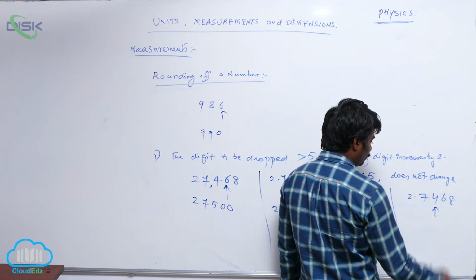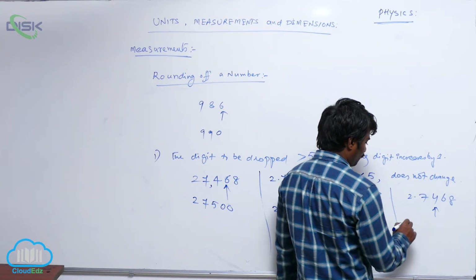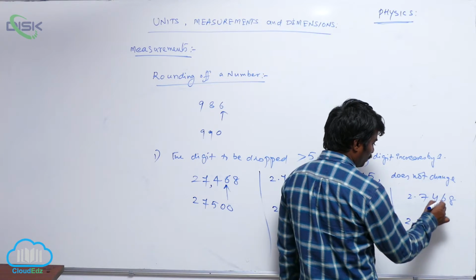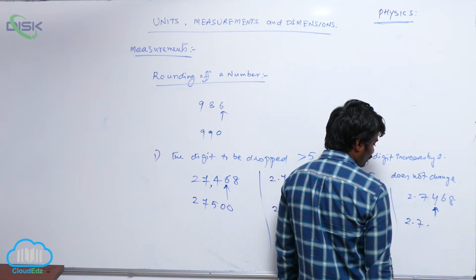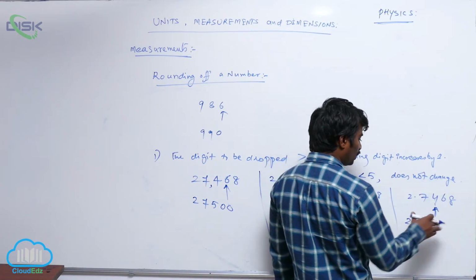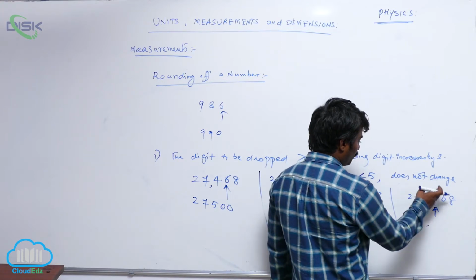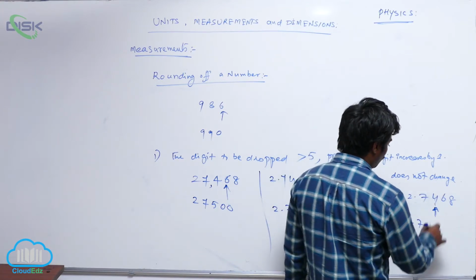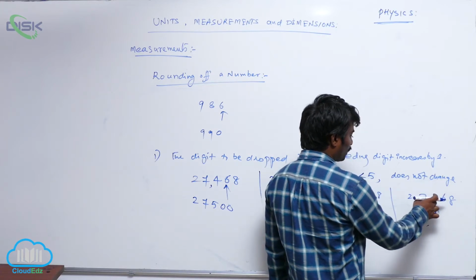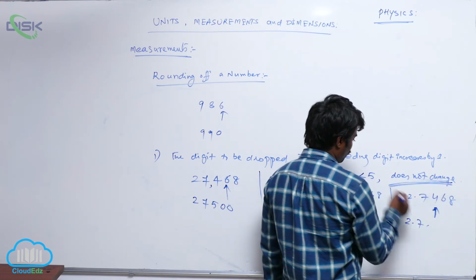Here again I want to drop 4. I want to round off this number to two significant figures, 2.7, and 468 I want to drop. You don't write zeros in the place of 468, because the number of significant figures won't be 2, it will be 5 again. So 2.7, this previous digit does not change. Why? Because the immediate digit to be dropped is 4, which is less than 5, so the previous digit does not change. That is the rule.